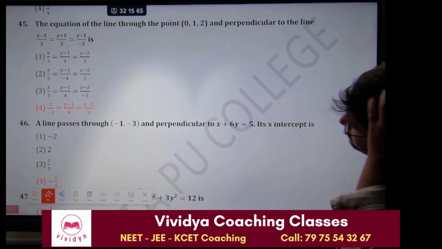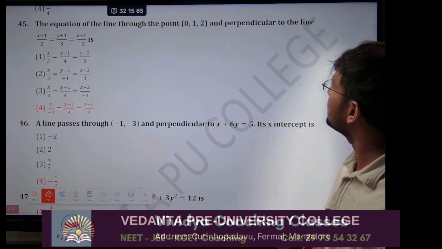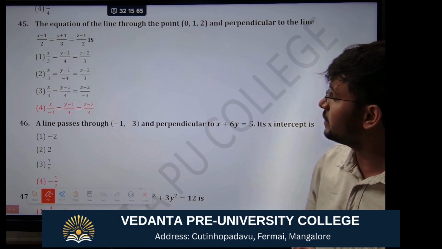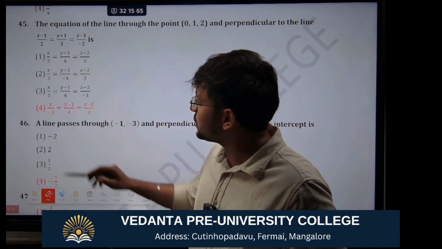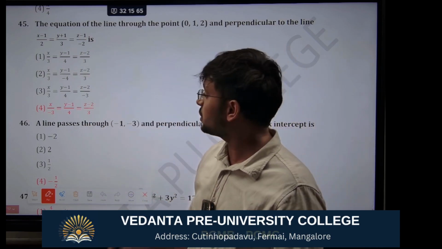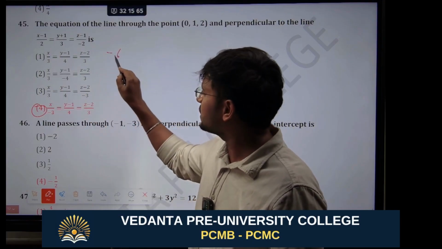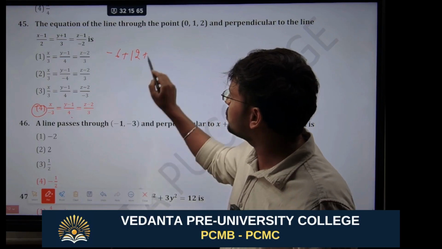Now let's see question number 45. There is a line passing through this point perpendicular to the line. This is 3D, and in 3D if two lines are perpendicular, the direction ratio product will be 0. So you have to go with the options. Which option has direction ratio product 0? Since there are 4 options, let's check. Minus 3 into 6, minus 18, plus 4 into 3, 12, plus 3 into minus 2, minus 6.